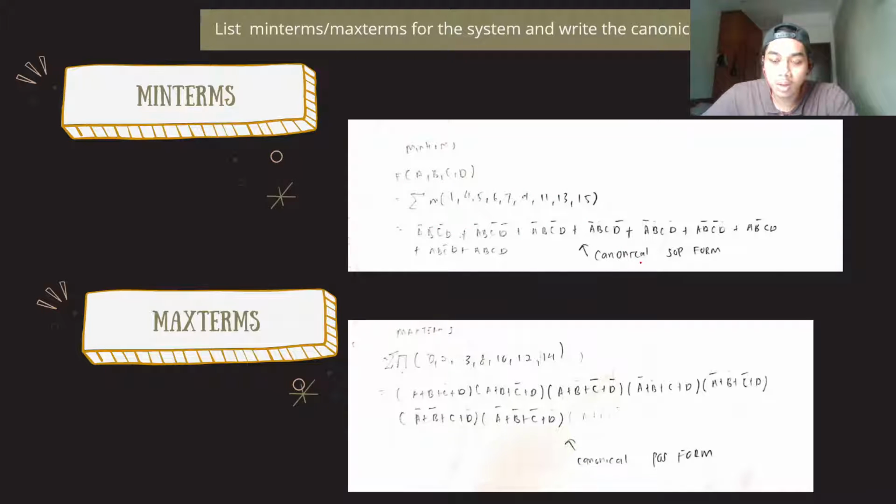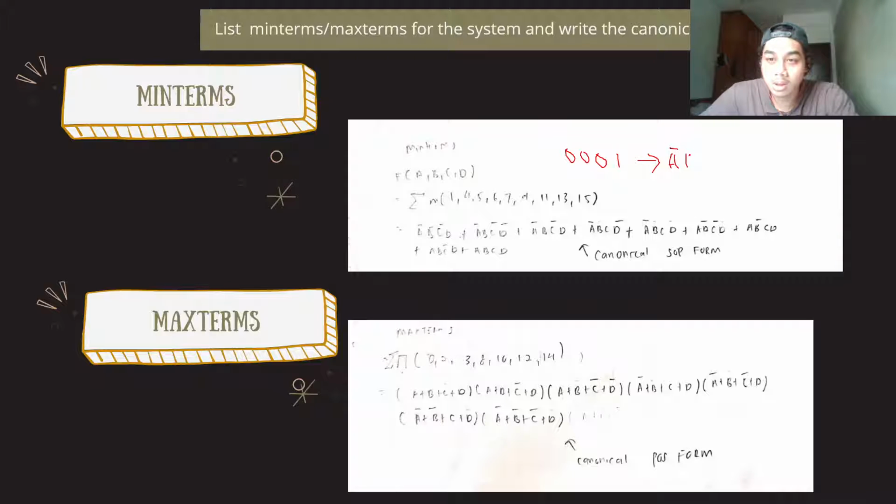To get this canonical SOP form, we need to change from terms into the alphabet ABCD. So why do some have a bar and some do not? For example, minterm 1 is 0, 0, 0, 1. For canonical SOP form, if the input is 0 value, then the alphabet will have a bar or apostrophe.